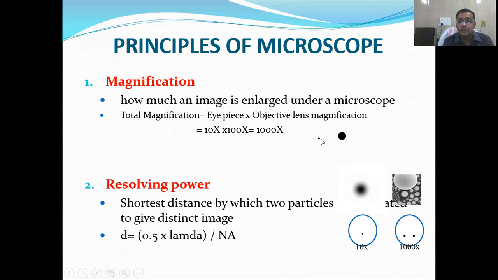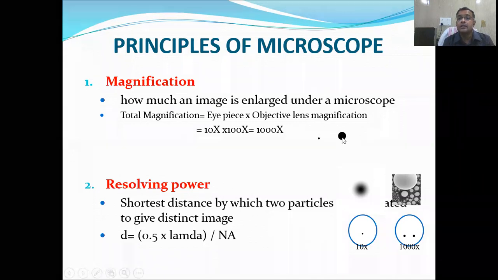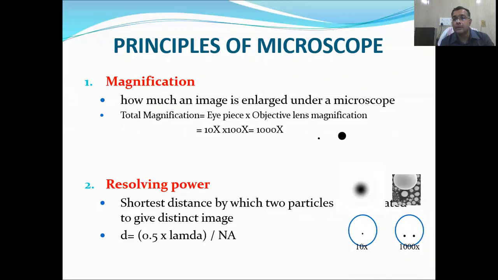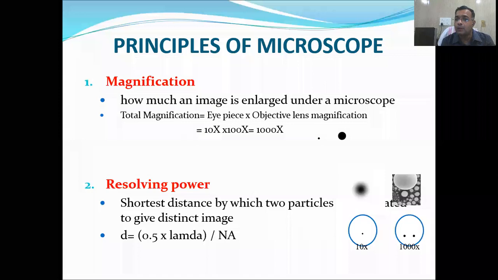For example, this is a dot. If we are able to enlarge this dot 100 times, then it looks like this, and we can say the magnification is 100 times, or 100x, or 100 power. So magnification is simply how many times we are enlarging the image, without concentrating on the quality of that image.